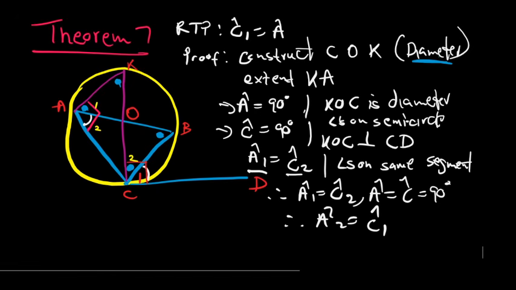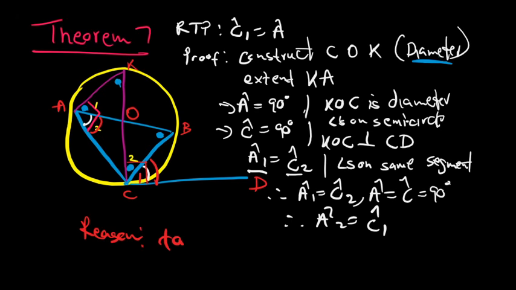So it concludes what we are trying to prove, that this angle here is actually equal to this angle here. The reason for this one is the tangent-chord theorem. So that is the reason for this Theorem 7 here. Done for now.